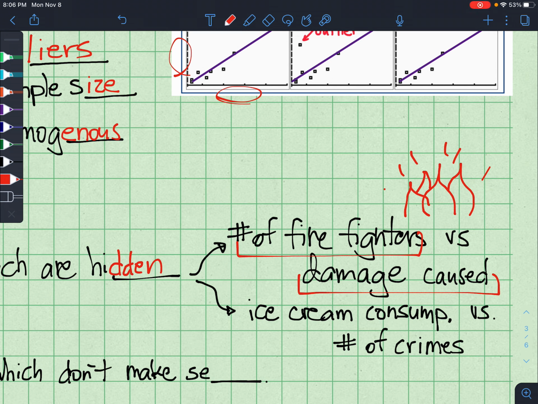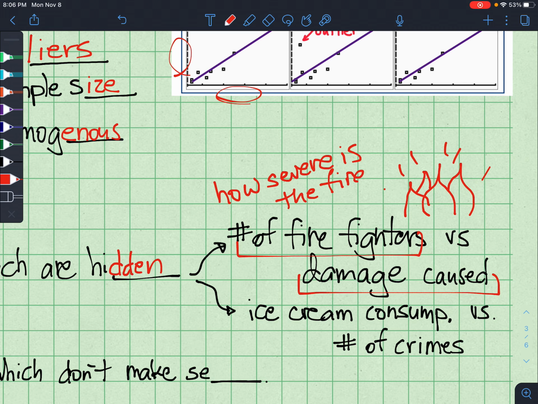And in general, the more firefighters show up, the more damage is caused. So we were wondering, do the firefighters cause the damage? That could be a kind of causation thing that we put together. But the lurking variable here would be like, how big is the fire? How severe is the fire?